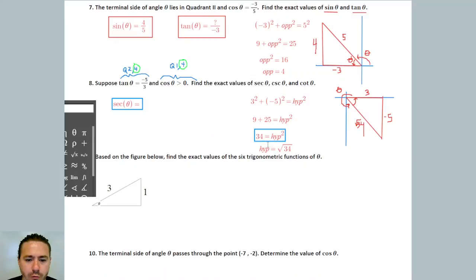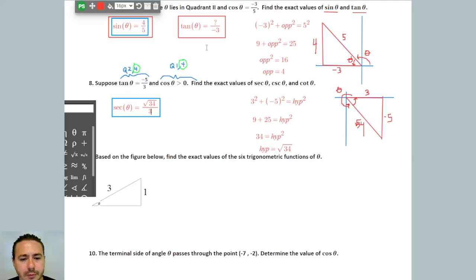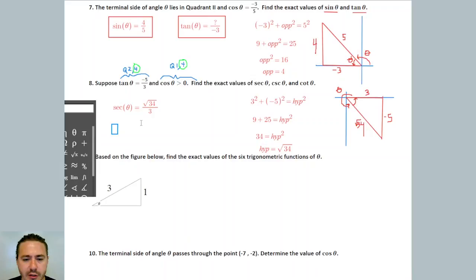Copy. Paste. There we go. Cosecant is the reciprocal of sine. Sine's opposite over hypotenuse. So this would be hypotenuse over the opposite. So that would be root 34 divided by the opposite side, which is -5.